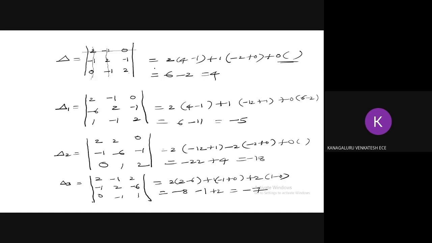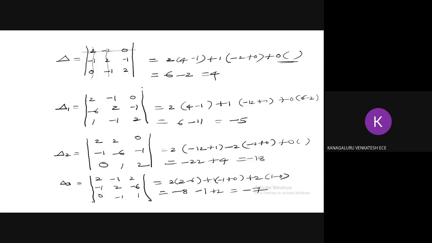Second one, delta 2 by del. Delta 2 is minus 18 divided by 4. Third one, minus 7 divided by 4. All are volt. Even you can simplify and write the answer.